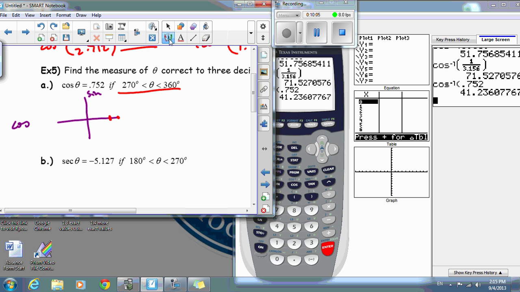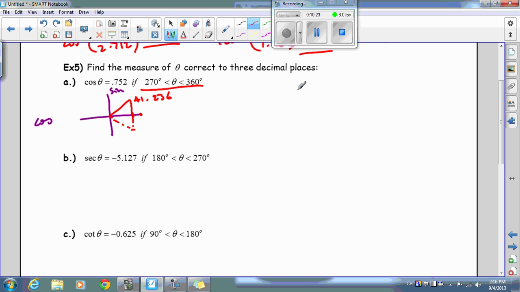In other words, my calculator is giving me this value, 41.236. And what I'm looking for is this value down here, not the one in the first quadrant, but the one in the fourth quadrant. How will I figure this out? If it's located here, it means that they both have identical reference angle.